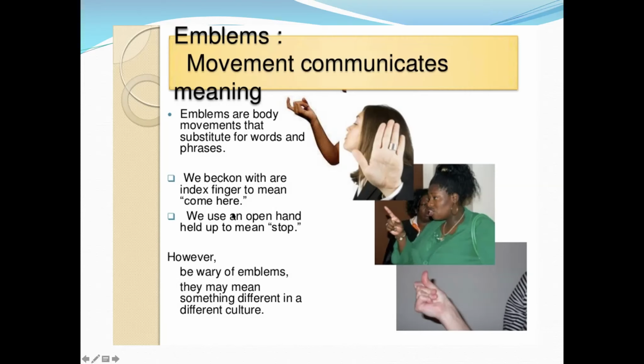We use an open hand held up to mean stop, like this. Okay, but we don't have to say it. We don't have to use the verbal message. Just by doing this, we can communicate. That means this gesture actually is a substitution for the words, right?